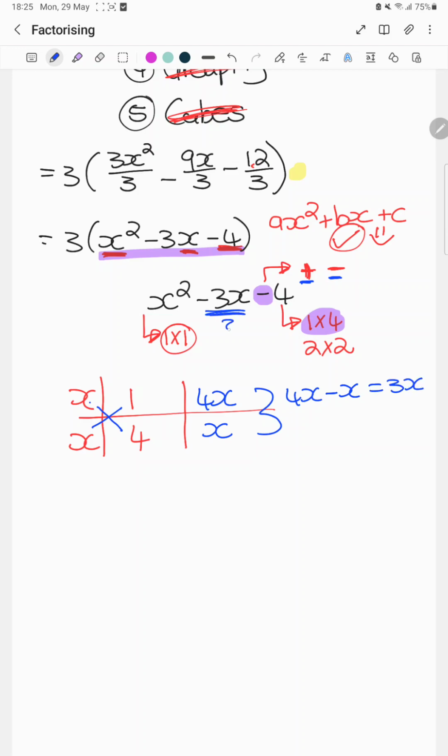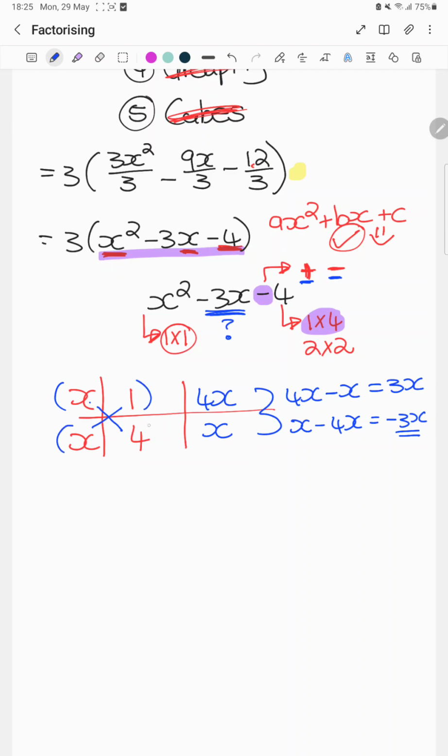However, I'm looking for a negative 3x. So let's swap these two around. So x minus 4x, and this in fact does give me negative 3x.